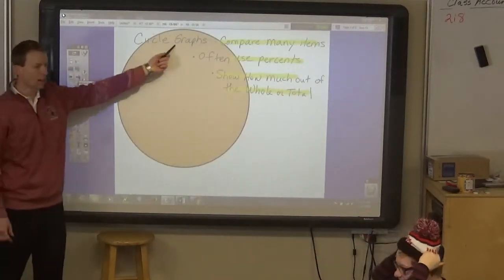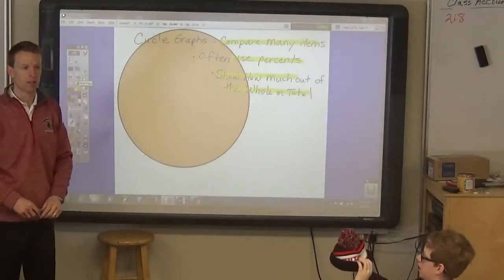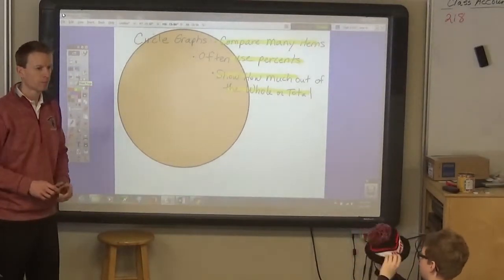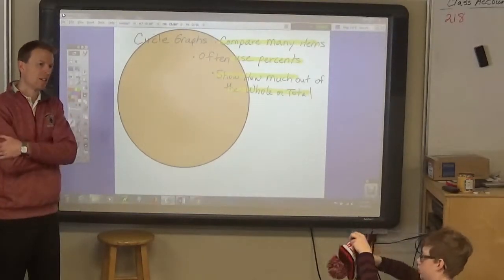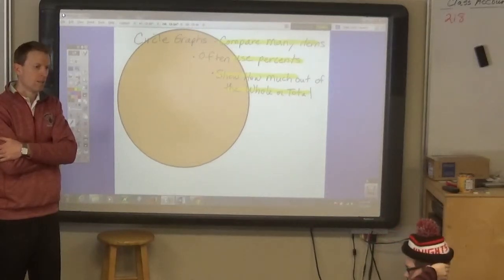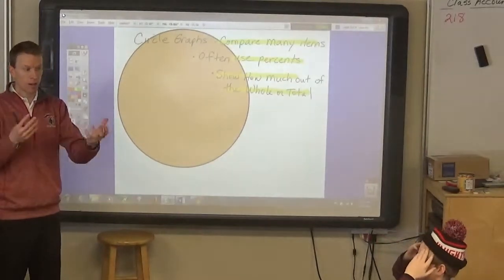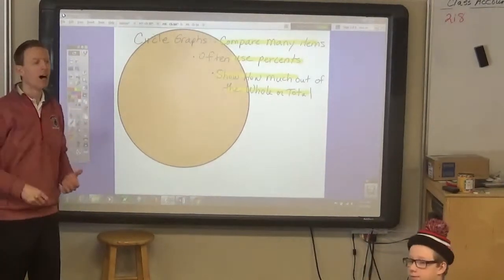Let's talk about circle graphs. What are circle graphs specifically used for? Roy. Saying how much percent of what? Okay, a percent. What does percent tell us? How much more people get than other people. Okay, how much more a group has out of the what? Out of the total.